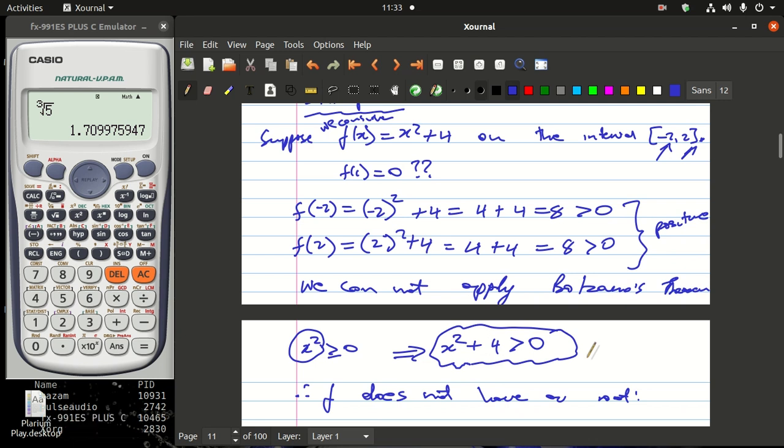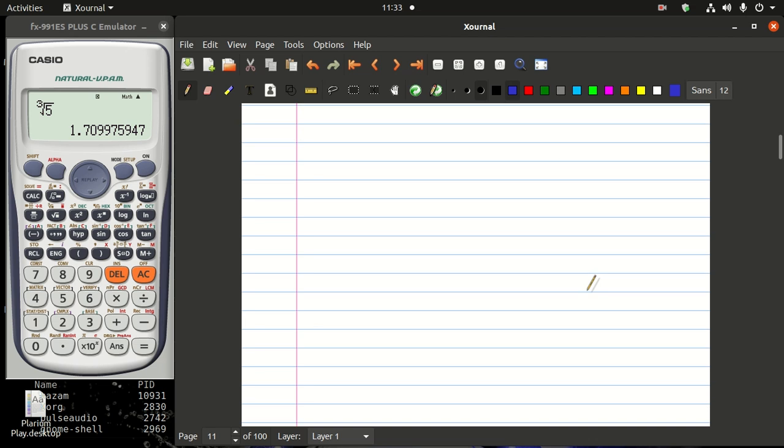But if you are just looking at the endpoints, because this is positive and that is positive, you cannot use Bolzano's theorem. But using the fact that this is always greater than or equal to 0, adding a 4 is always going to be positive, so you can conclude that f does not have any roots.